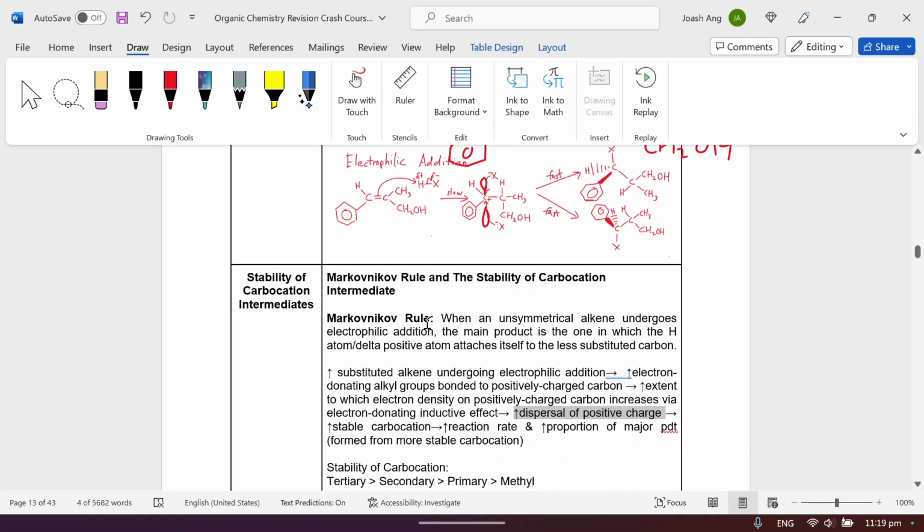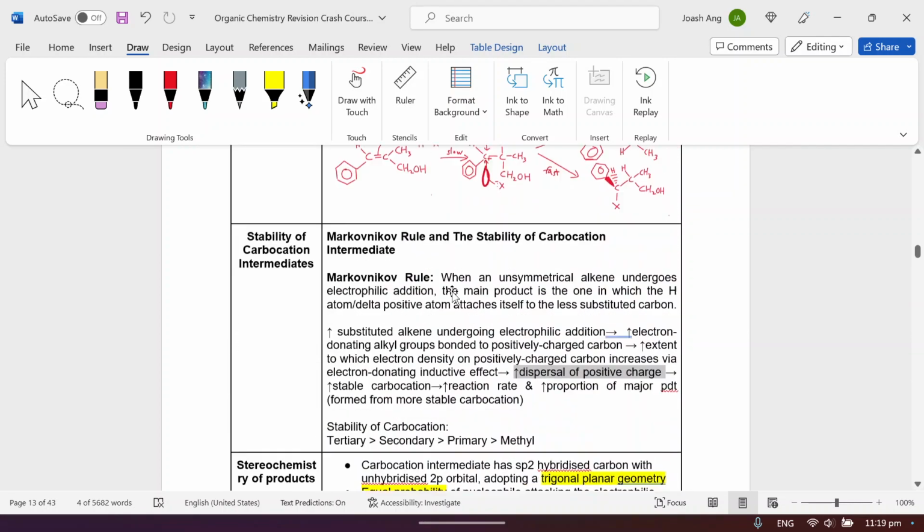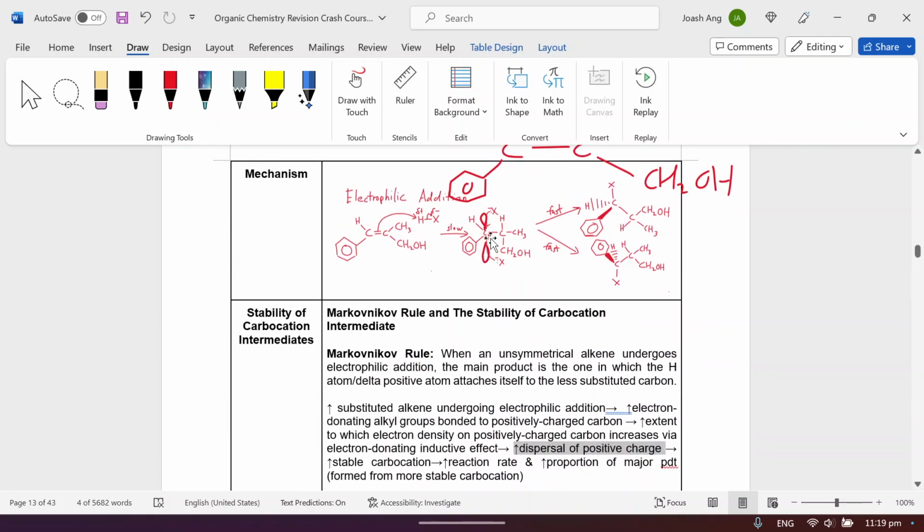Alright, and the stereochemistry is that there's an equal probability that the nucleophile attacks from either side of the plane because you know that the carbocation is a trigonal planar structure.